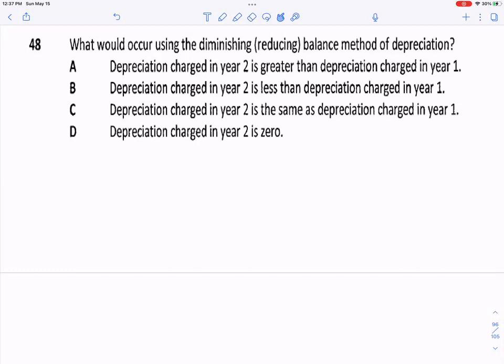What would occur using reducing balance method of depreciation? Depreciation charge in year 2 would be less. In reducing balance method of depreciation, the amount of depreciation changes every year, and the amount of depreciation reduces every year.